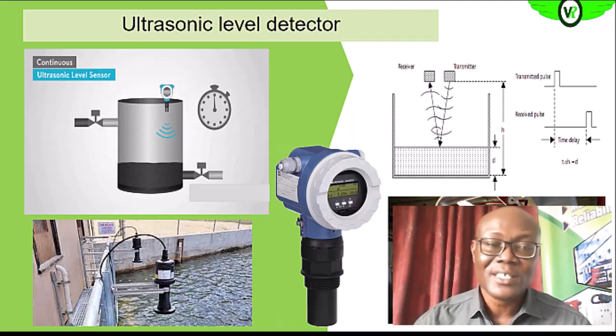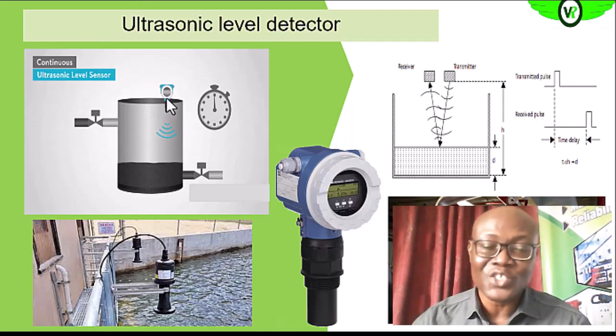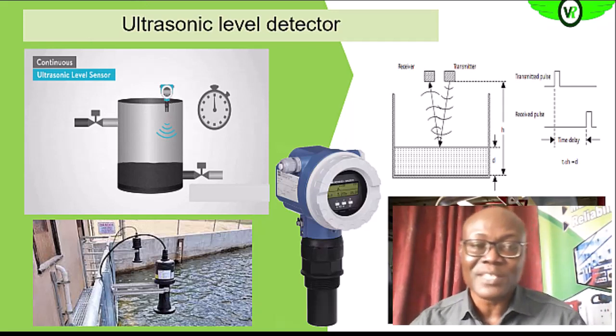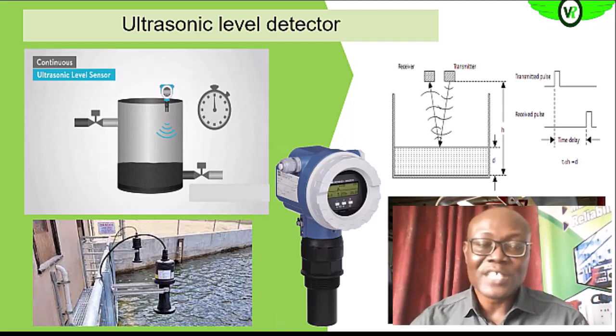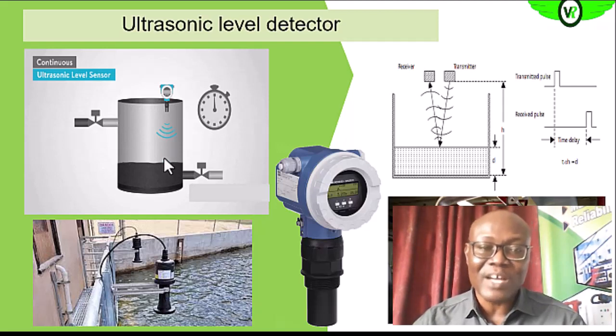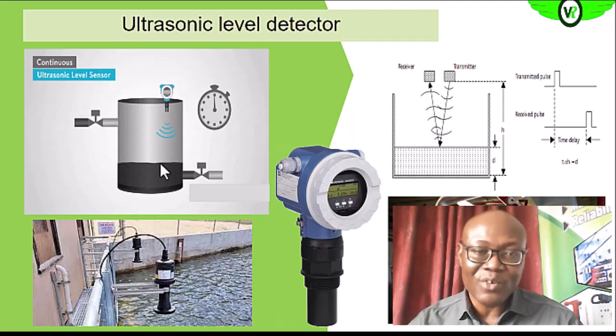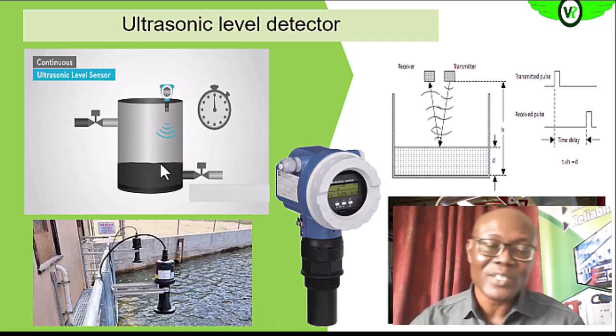Remember, we have a transmitter and a sensor within the level measuring instrument. So the transmitter transmits the ultrasonic wave, and it is reflected back. The time it used to travel gives an indication of the level of the fluid in the vessel.